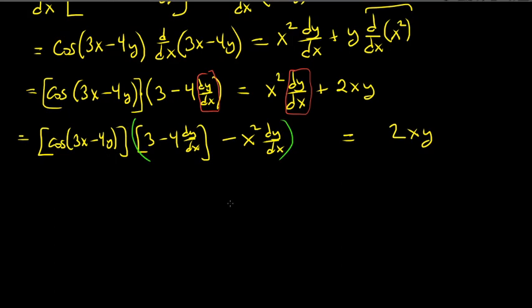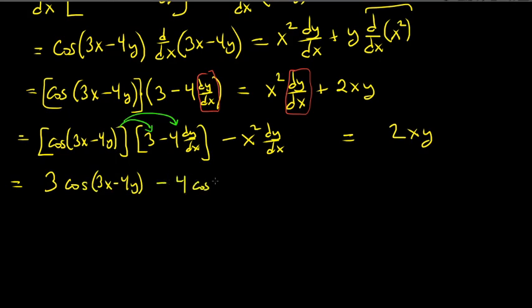There's no parentheses here. So here's what I would do at this point. I would distribute the cosine to each term here. This is going to be kind of a mess, but it's the way I would do it. So 3 cosine of 3x minus 4y, and then minus 4 times the cosine of 3x minus 4y times the derivative of y, and then minus x squared times the derivative of y. And that's still equal to 2xy.